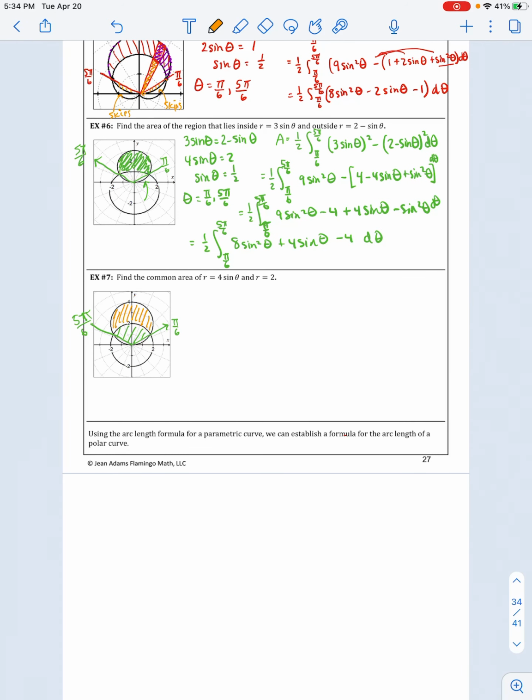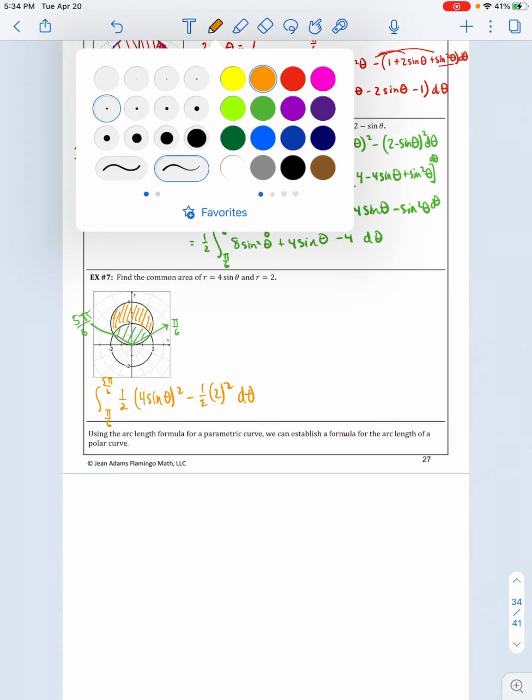If we wanted the orange part, it would have been the integration from pi over 6 to 5 pi over 6 of 1/2, and the upper is 4 sine theta squared minus 1/2 2 squared. Okay, that would have given us the orange.